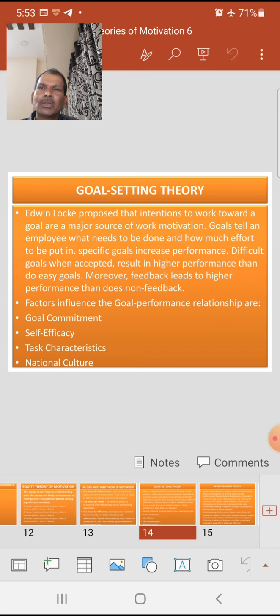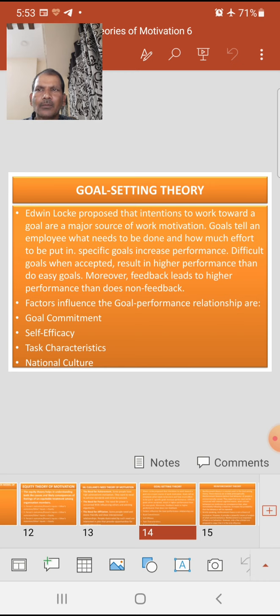Another point is that feedback is not equally potent. Self-generated feedback, where the employee is able to monitor his or her own progress, has proved to be a more powerful motivator than externally generated feedback. If people participate in goal setting, they are more likely to accept even a difficult goal.